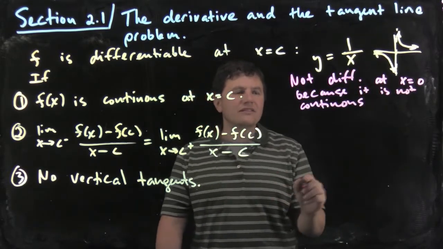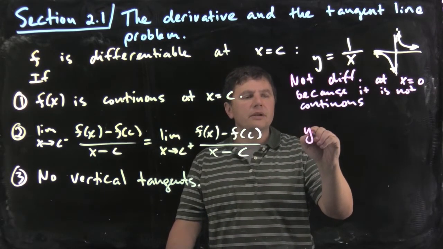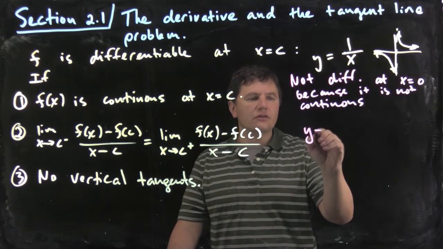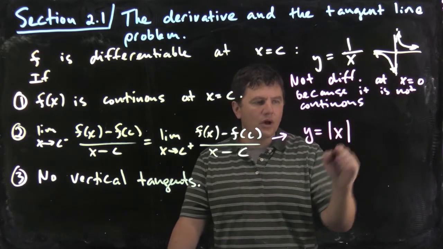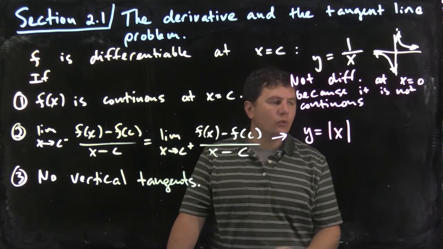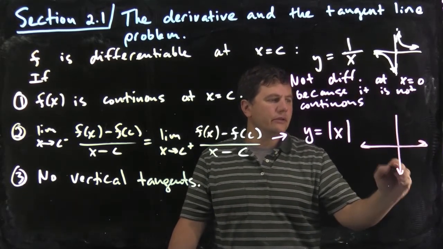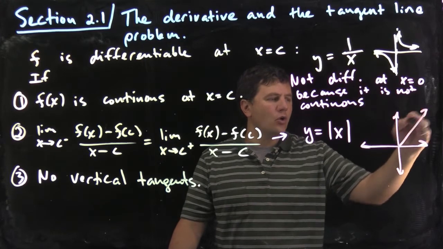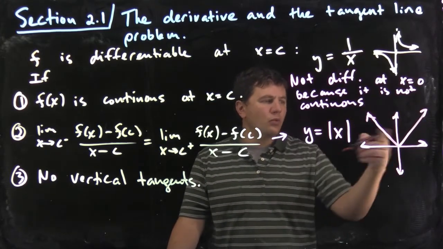Okay, the one that's less obvious, so we need to talk about something that's continuous but not differentiable. So the easiest thing to talk about here is y equals the absolute value of x. So it's an easy one to find slope. So this has one trouble area.